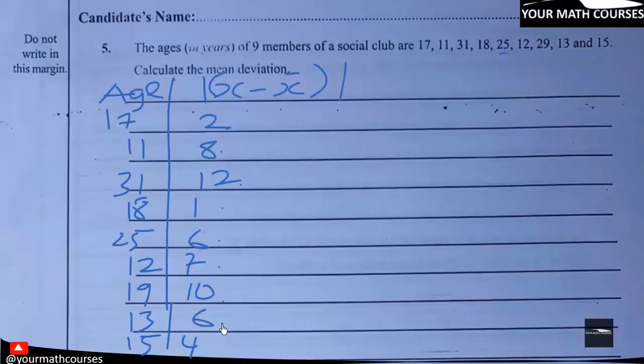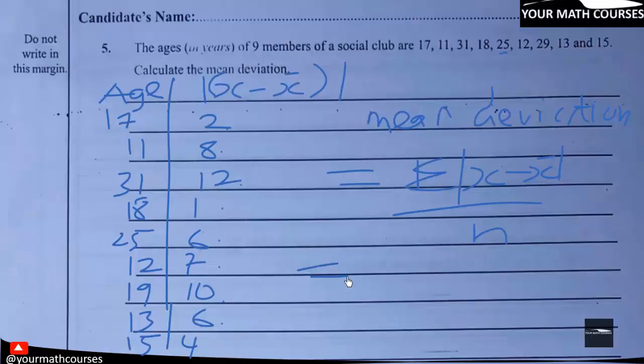So the mean deviation is equal to the summation of the absolute value of x minus the mean, all over n, and that will give us 56 over 9, which is 6 and 2 over 9 years. So that is the mean deviation of the 9 members of a social club.